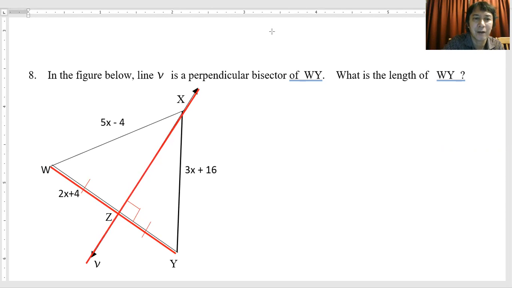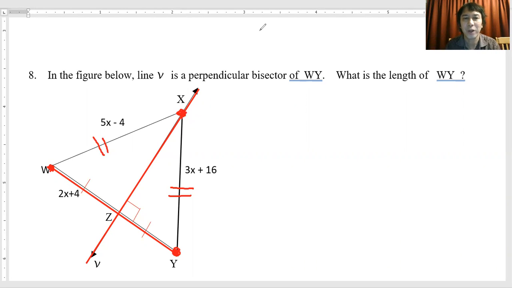Again, if a point lies on the perpendicular bisector of a segment, in this case X, then that point is equidistant from the endpoints of the segment. The endpoints are Y and W, and point X is on the perpendicular bisector. We conclude this is equal to this.